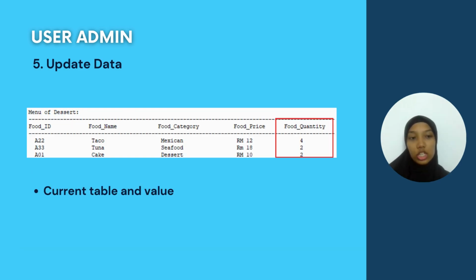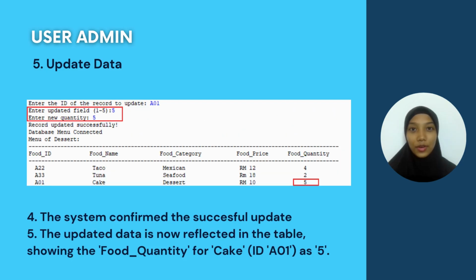I decided to change the food quantity, so these are the current table and value for A01, which is cake, and the food quantity is 2. Following the previous steps, now I enter 5 in response to the prompt enter updated field from 1 to 5, indicating field 5, which is food quantity.